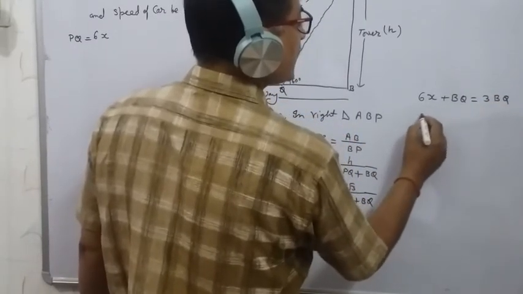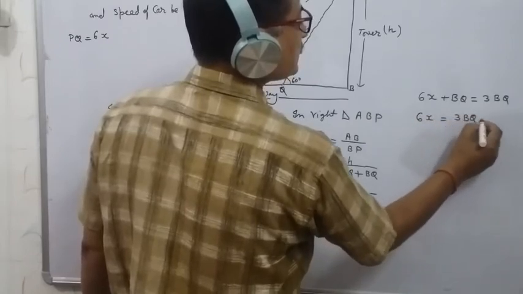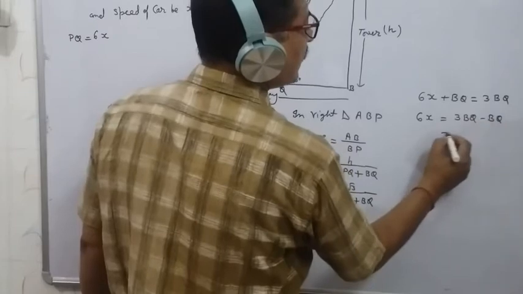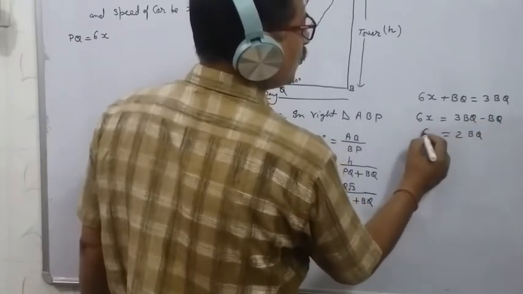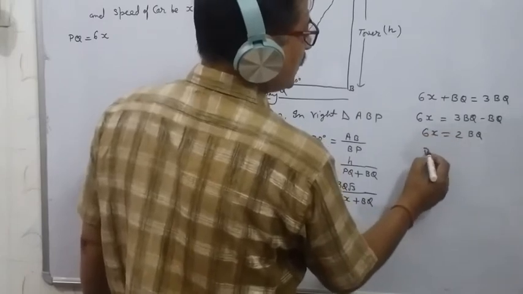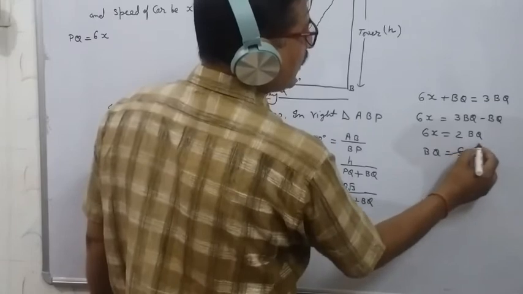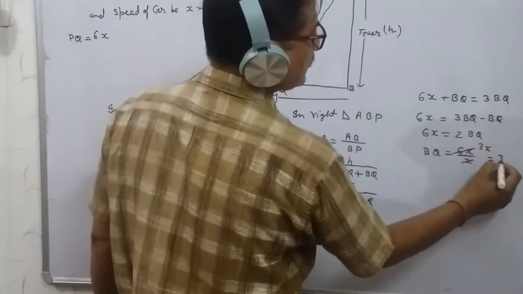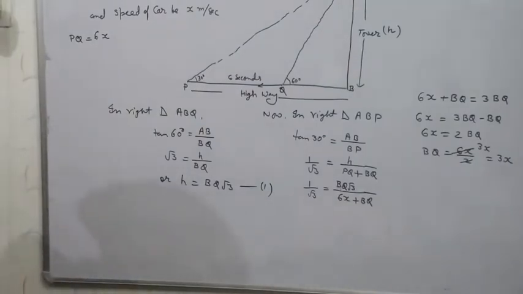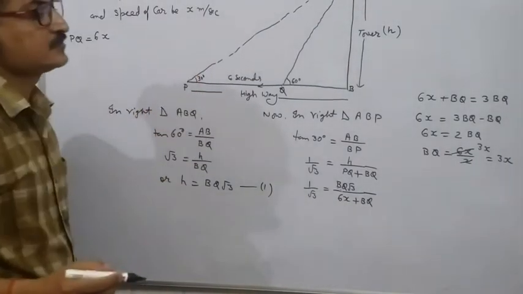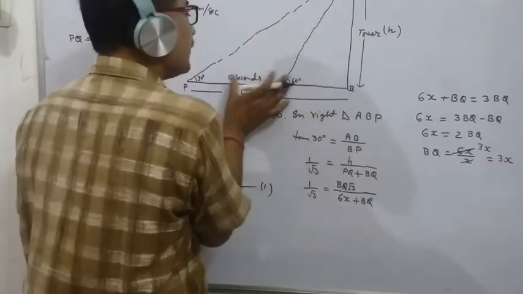So 3 BQ minus 1 BQ will be 2 BQ. 2 BQ equals 6x. So BQ equals 6x upon 2, which is 3x. Now students, it has come in the form of x, because x is the speed of the car. BQ is 3x, the distance that has been covered by the car.